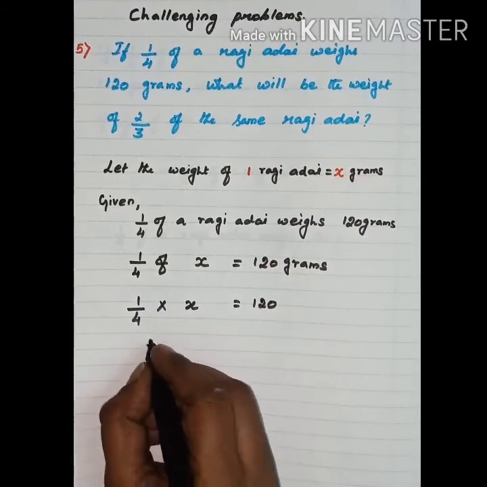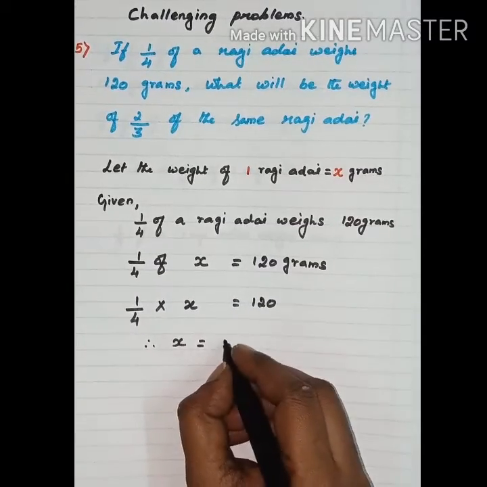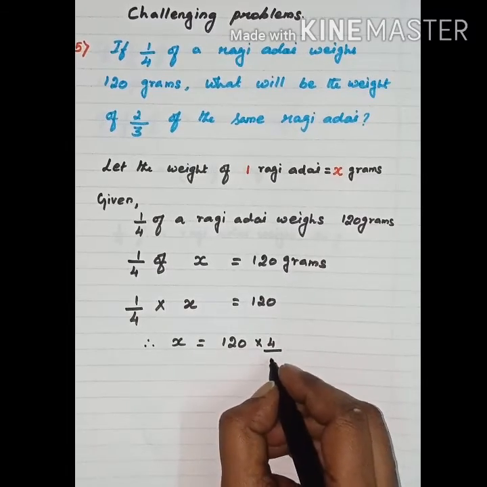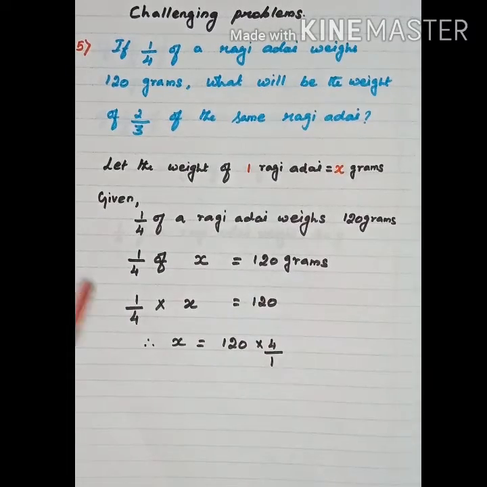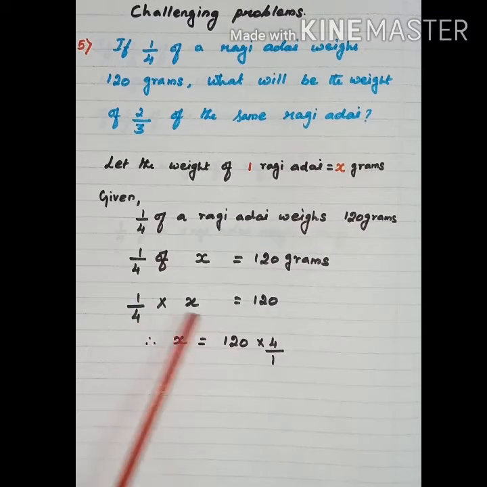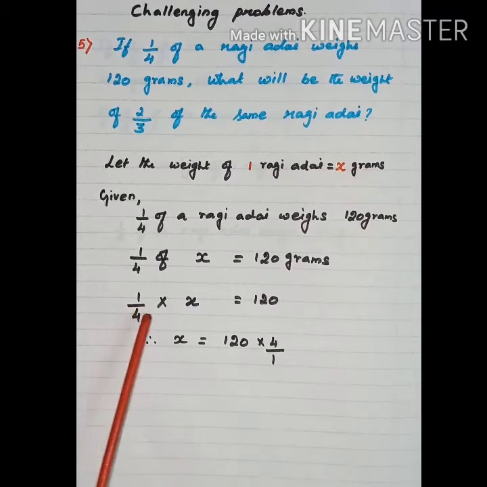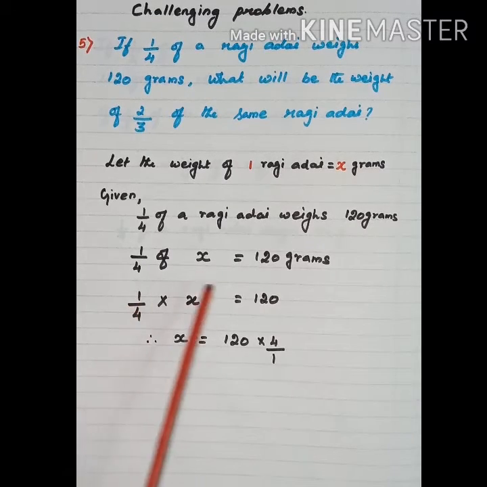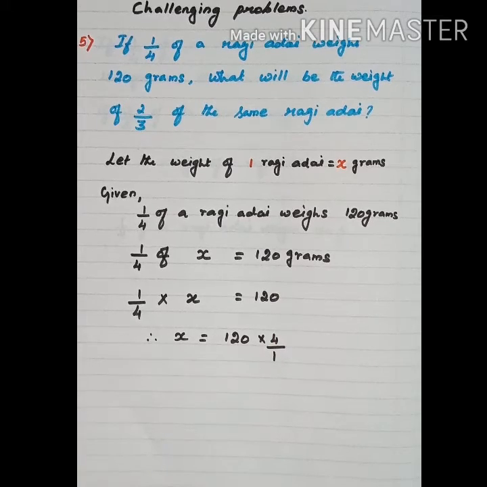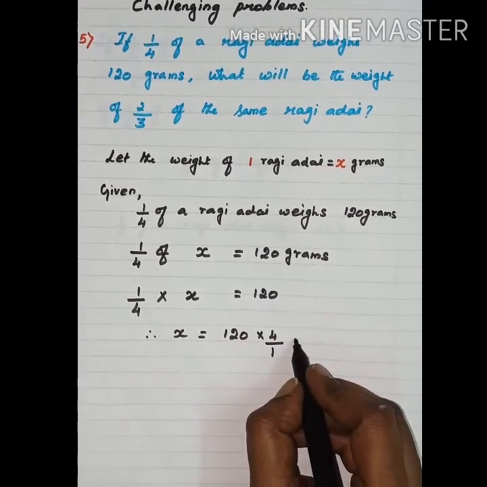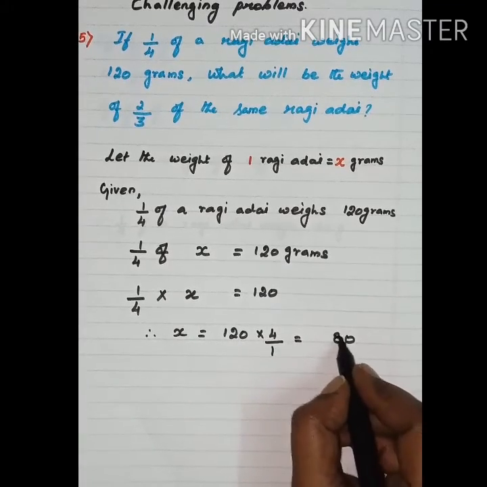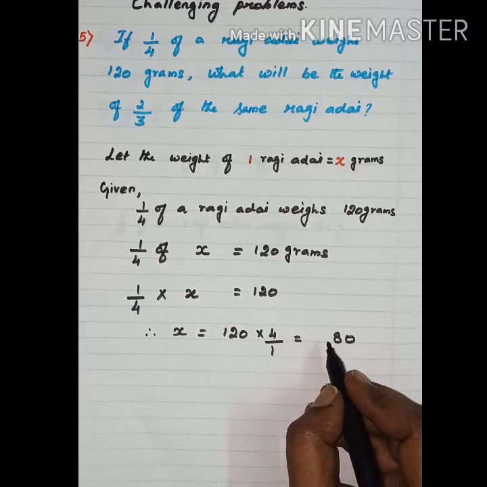Therefore, x is equal to 120 into 4 by 1. If you take this 1 by 4 to the right hand side, it will become 4 by 1, which is equal to 480 grams.